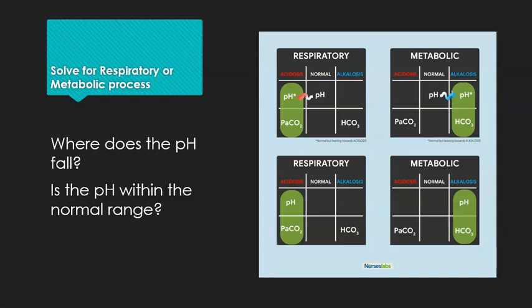So for the first tic-tac-toe grid, we see that our pH is actually normal, but it's leaning towards the acidosis state, and our PaCO2 value is also acidotic, so this gives us a respiratory acidosis process. The grid below that shows the pH fully in the acidosis column and the PaCO2 fully in the acidosis column, giving us a respiratory acidosis problem.